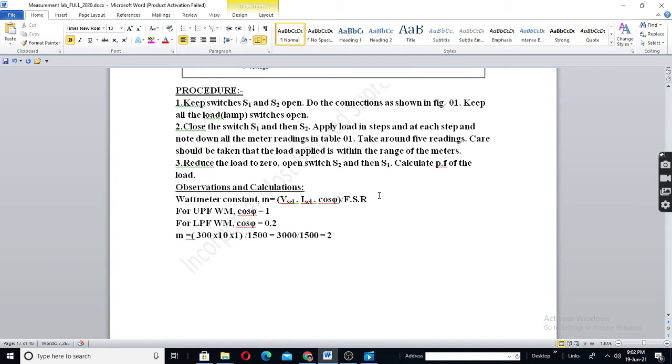So the wattmeter constant is required because wattmeters usually have more number of ranges. Suppose it has only one current range and one voltage range, then the wattmeter constant or wattmeter multiplier, called M, will be equal to 1.